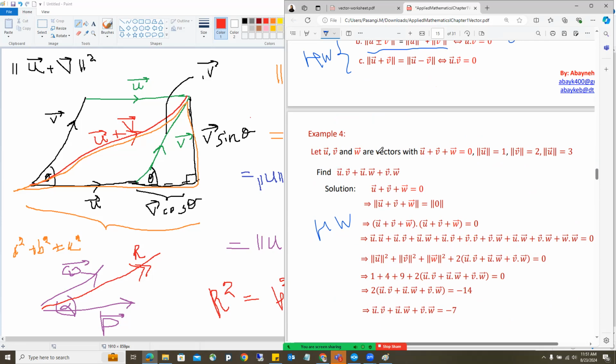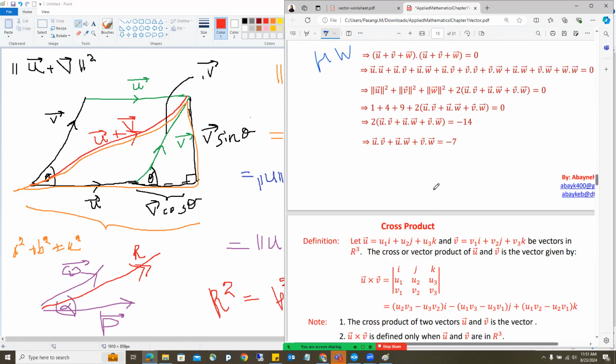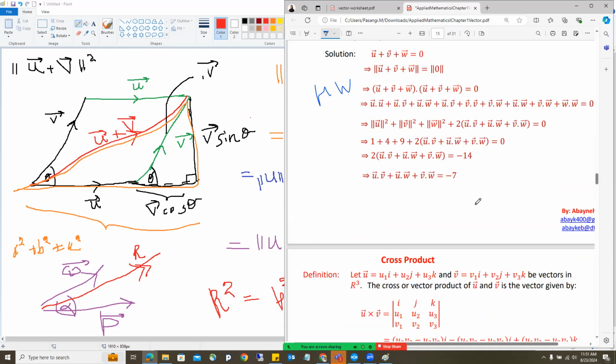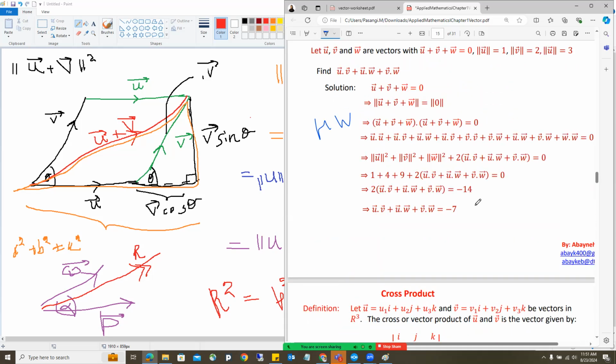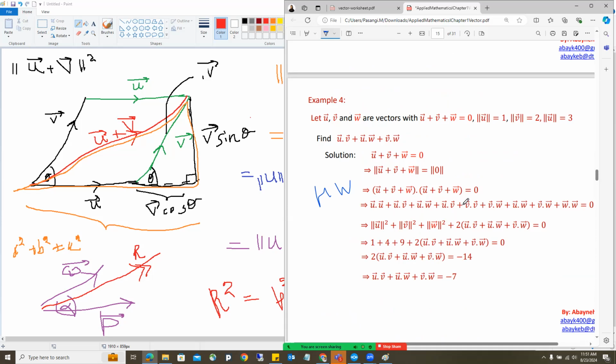So today we already did all these vectors. I'm not moving to the cross product now. We have already completed the dot product, and we'll do the cross product tomorrow.